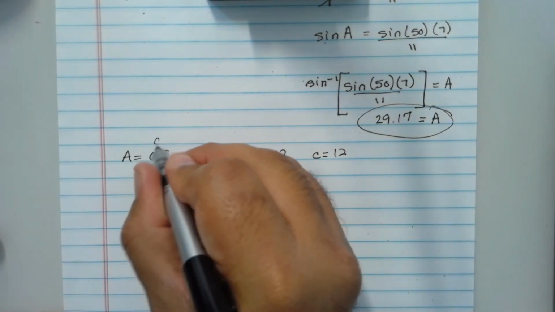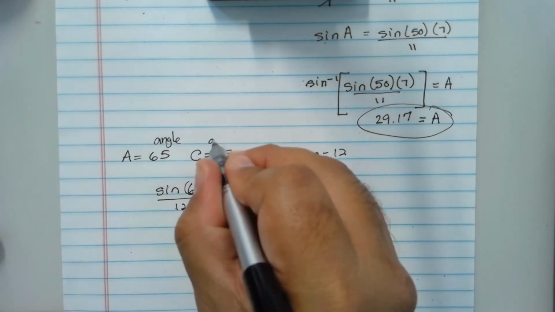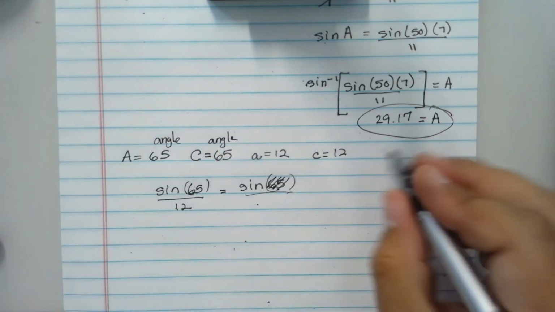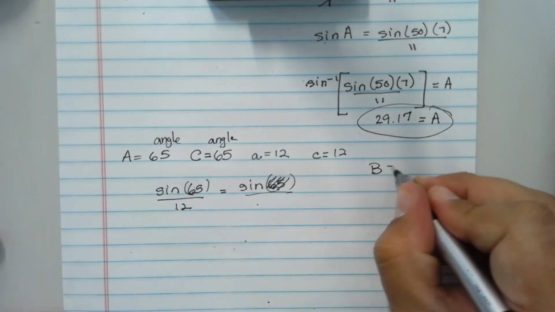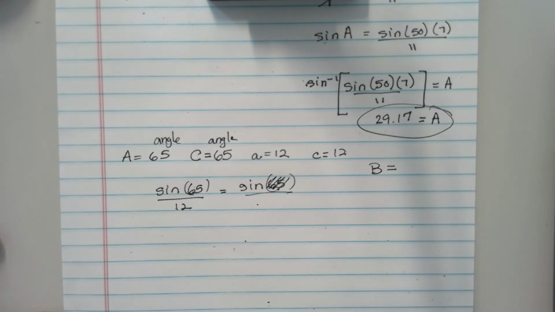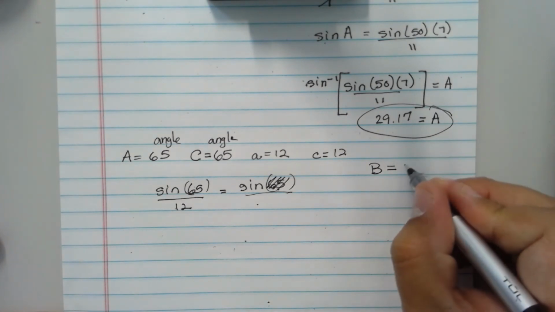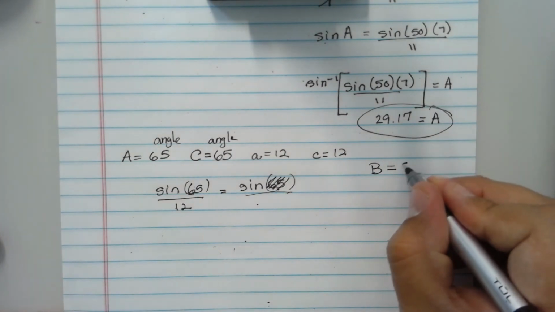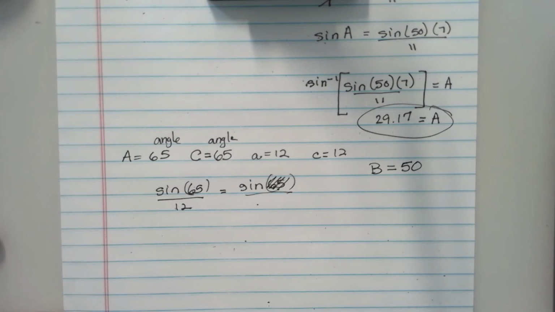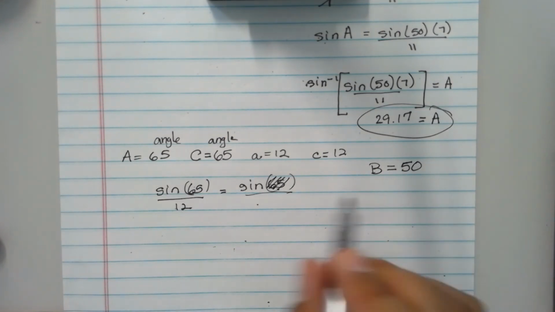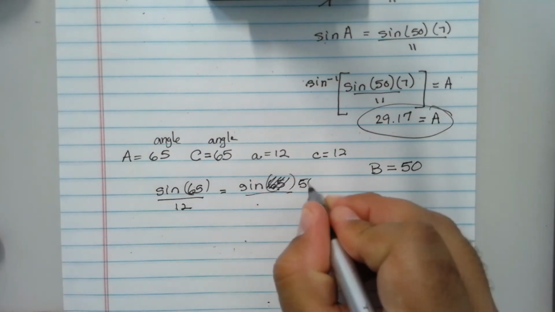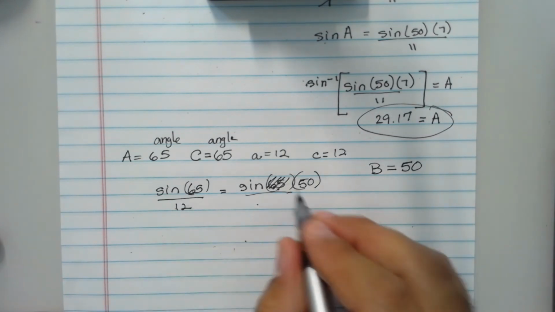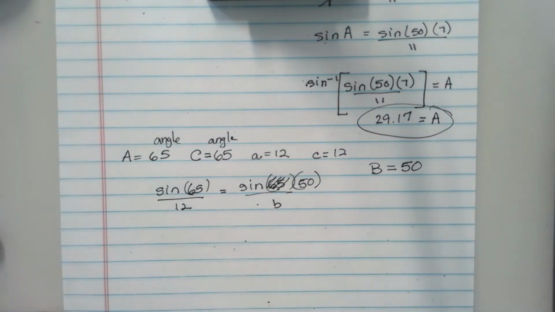But if this is an angle and this is an angle, then we could get angle B by using what? So what would be angle B? 50. So we're going to plug in 50 here instead and solve for little b.